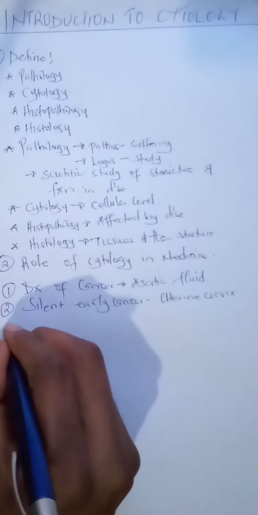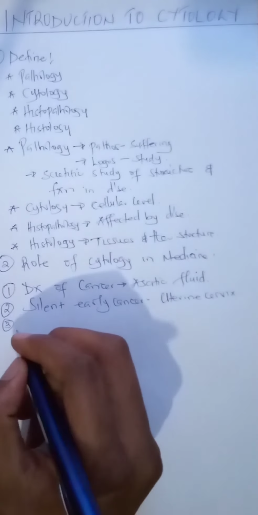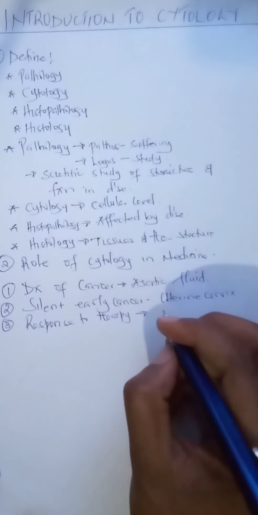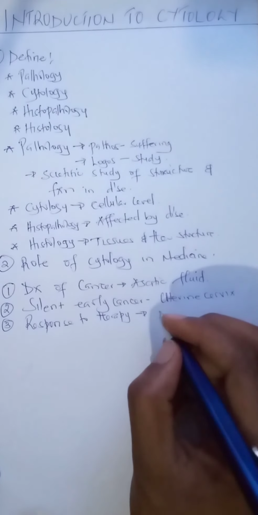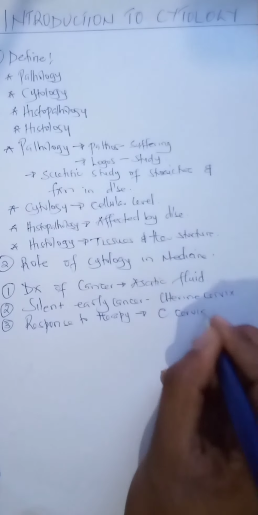Number three, cytology is very important in assessing response to therapy. So how does it help in assessing response to therapy? An example is use of cervical smears for response to radiotherapy in carcinoma of the cervix.